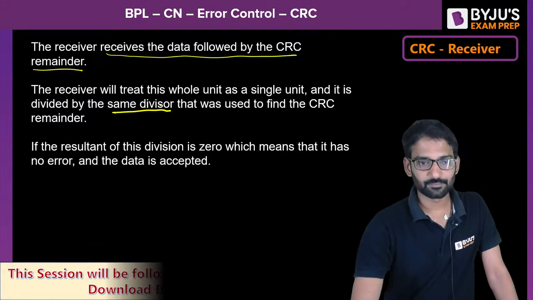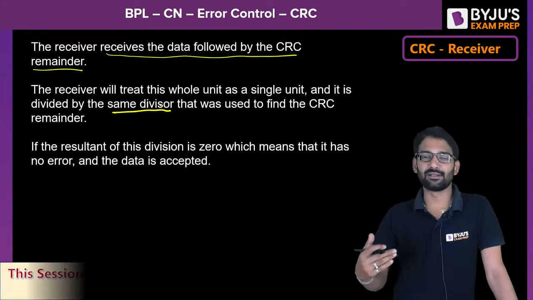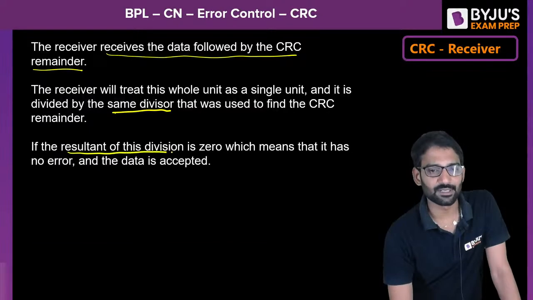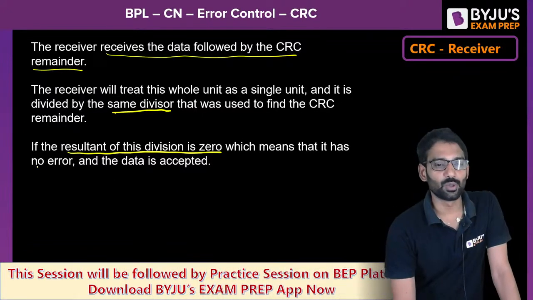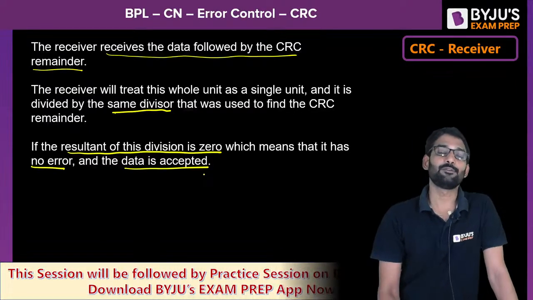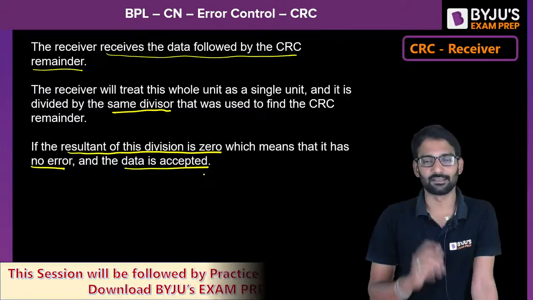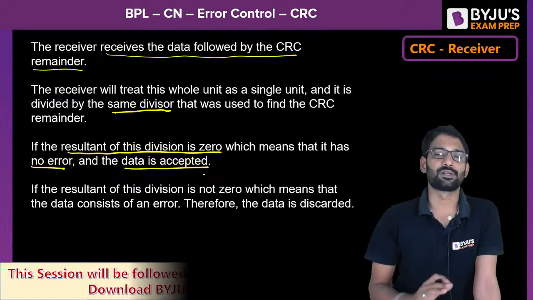So the receiver also does the same binary division. If the result of this division is 0, that means no error, and the data is accepted. If the result is non-zero, that indicates an error, so discard it and ask for retransmission.